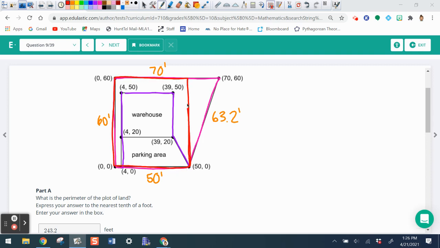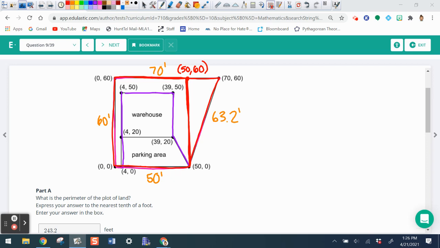And then once I find the area of this rectangle, then I'll find the area of this triangle and add it to it. So if this is 50 on the x, this will be 50 on the x as well. And it will be the same y value, which will be 60. So that point is 50, 60. And that's going to be important here in just a second.